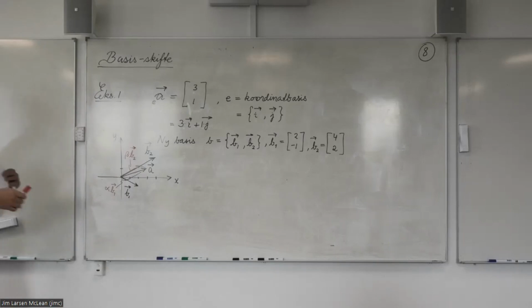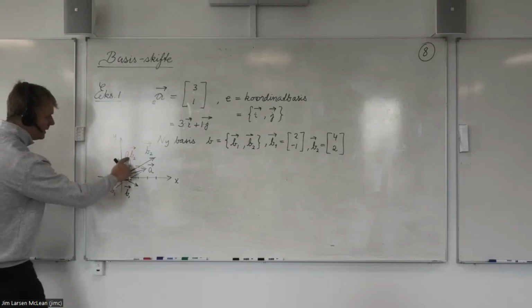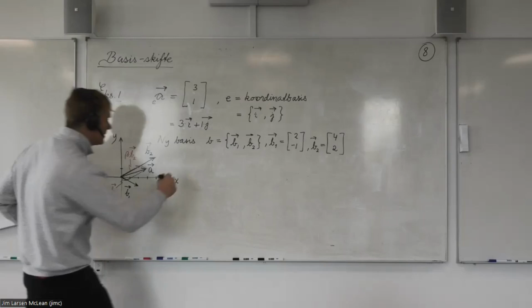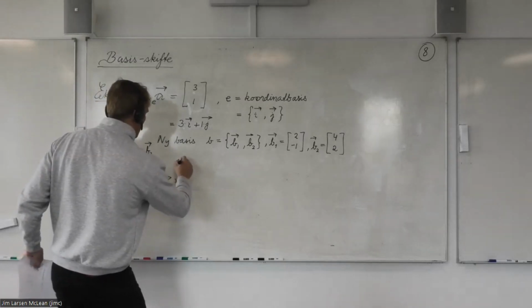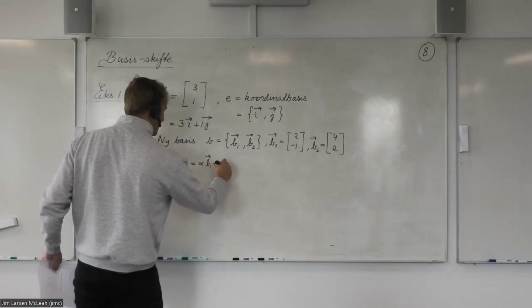Are you following that? So you can see in my drawing that the alpha b1 vector plus beta b2 vector gives vector A. All right, let's write it down. Vector A equals alpha times b1 vector plus beta times b2 vector.